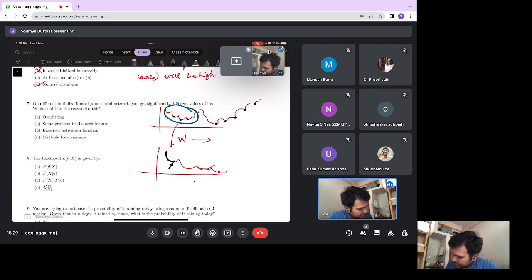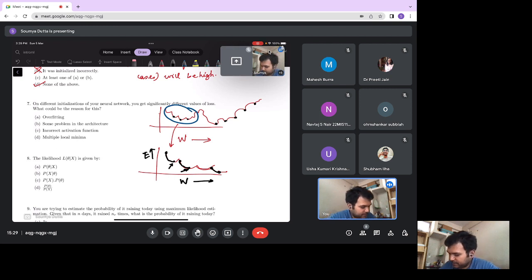Okay, then this is W here, and this is the error or the loss. So error and loss are the same, and this is the particular point that you have ended up with. Suppose you had started here, then you would have ended up somewhere here, right? If you had started, let's say, here, you would have ended up here.